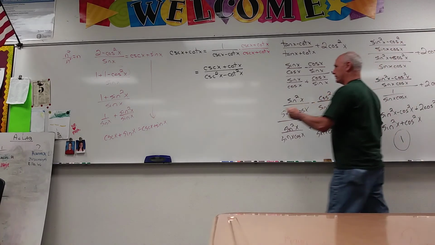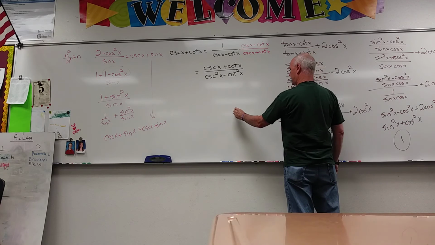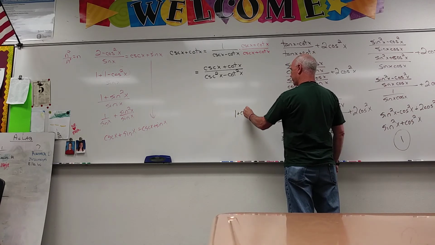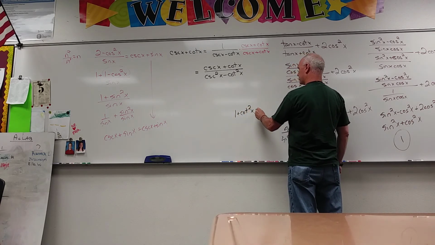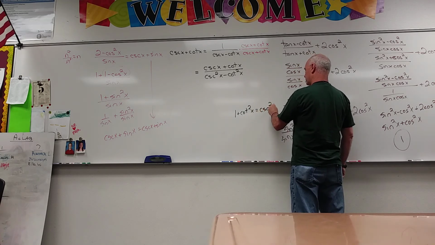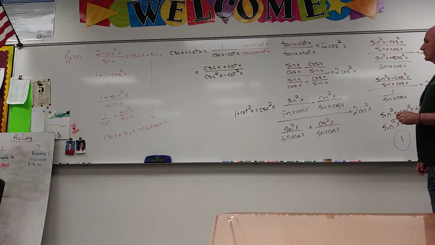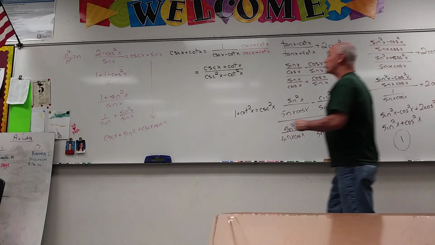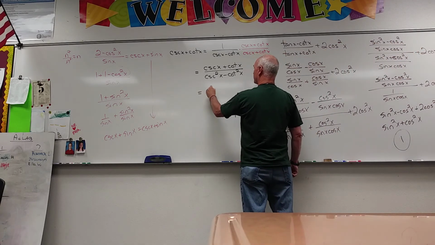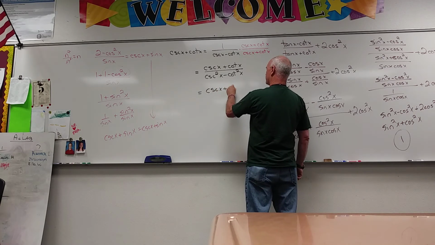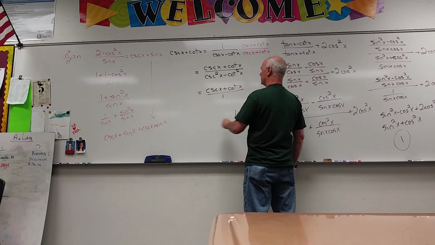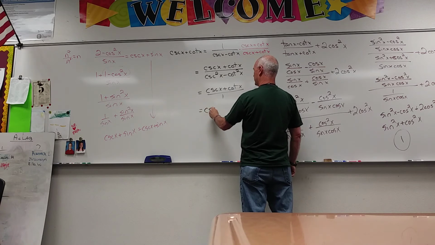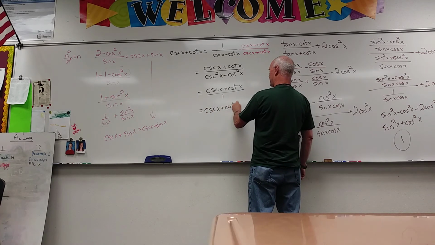Pythagorean identity, that's right. Cosecant squared of x minus cotangent squared of x is 1. So that gives us cosecant of x plus cotangent of x over 1, which is simply cosecant of x plus cotangent of x.